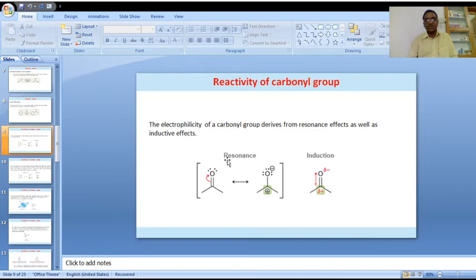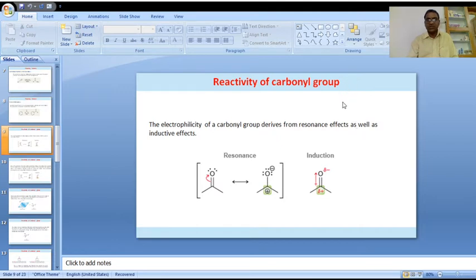In the inductive effect, the pi bond electrons are attracted by the highly electronegative oxygen atom, so oxygen gets delta negative and carbon gets delta positive.